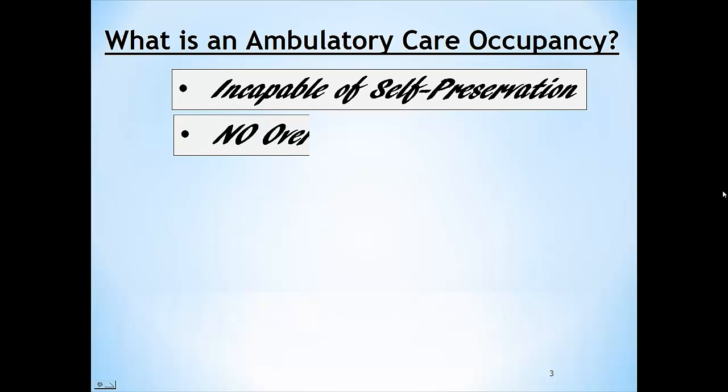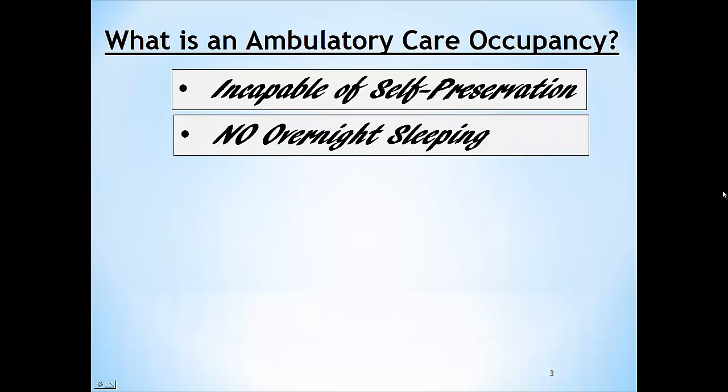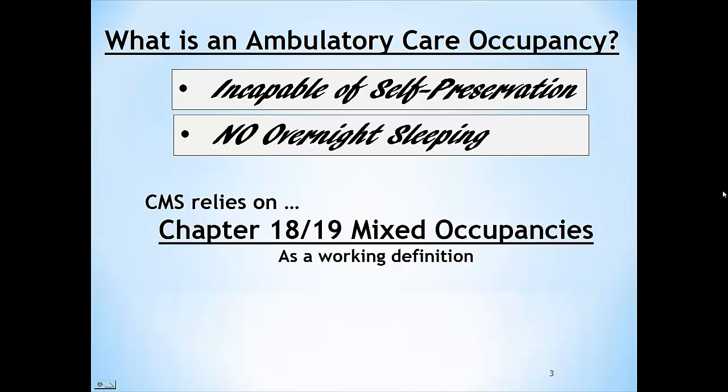If they're incapable of that, they're considered incapable of self-preservation. The other thing particular about ambulatory care is that there is no overnight sleeping, as opposed to healthcare where there is overnight sleeping. So that's the major criteria determining between the two of them.